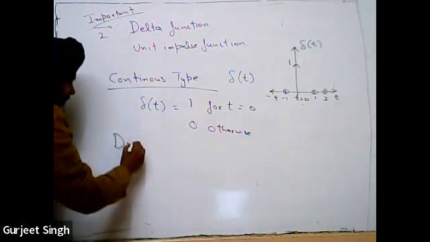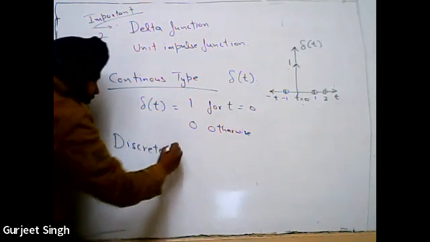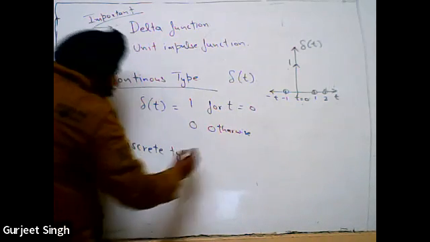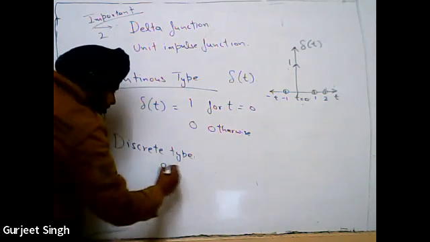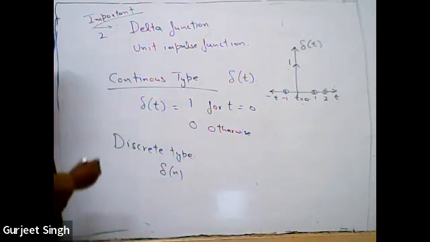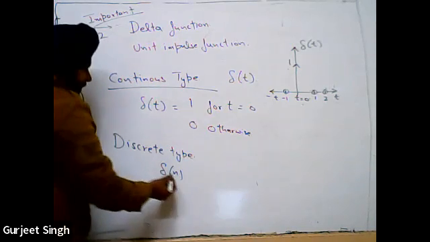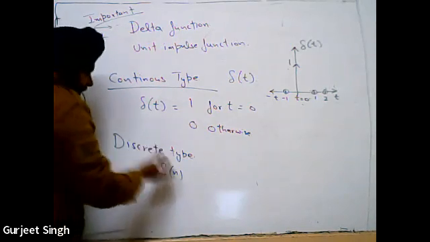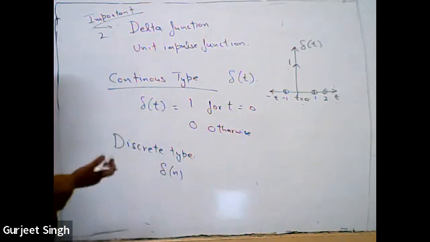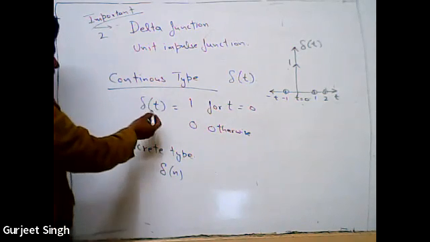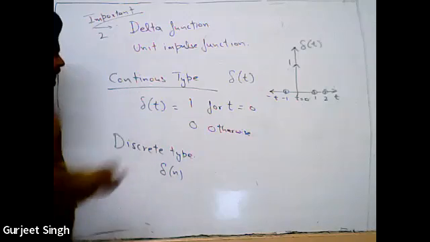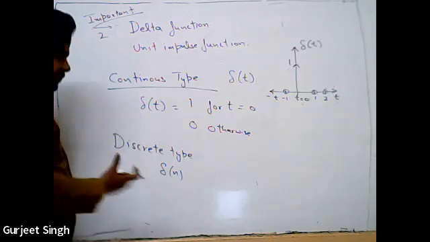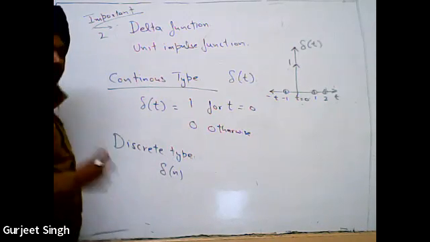Next is the discrete type. For the discrete type we represent it by delta n. Here we represent time by n. In the continuous type, again I am repeating, time is represented by t, and in the discrete type time is represented by n.